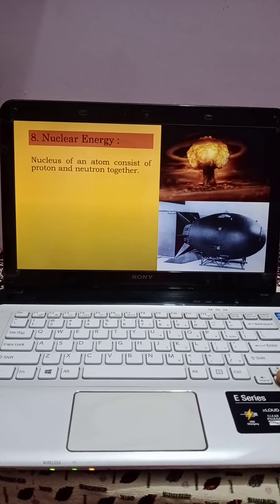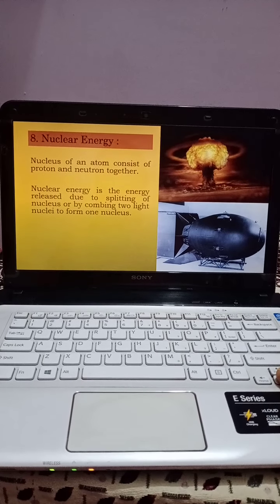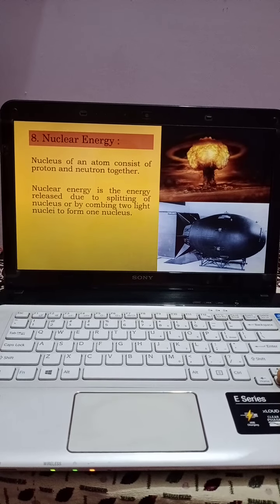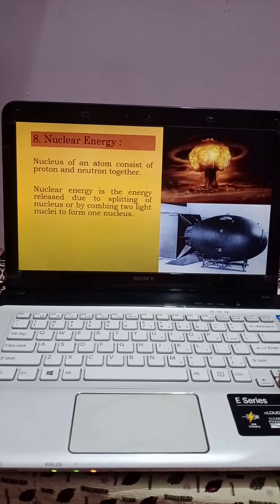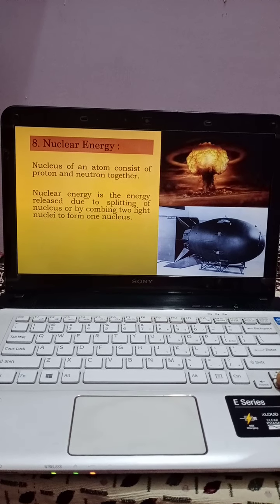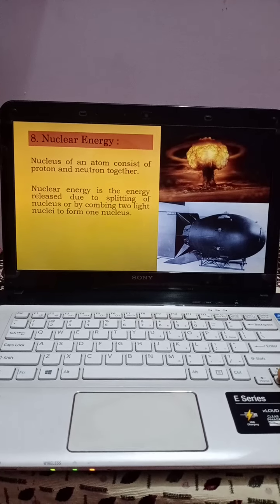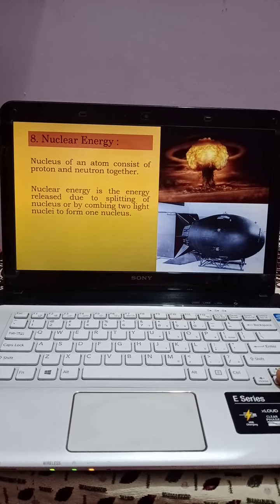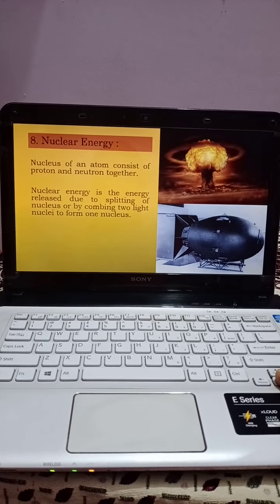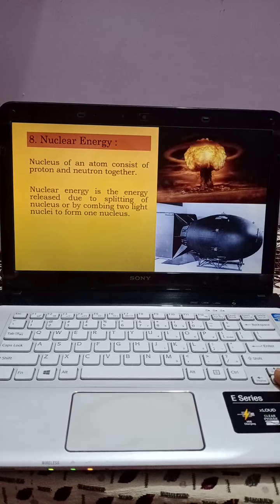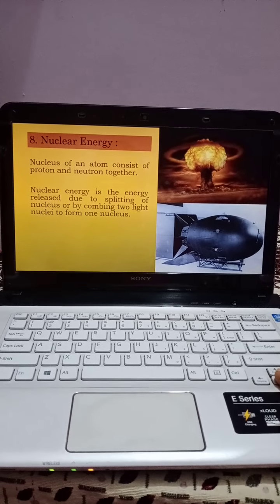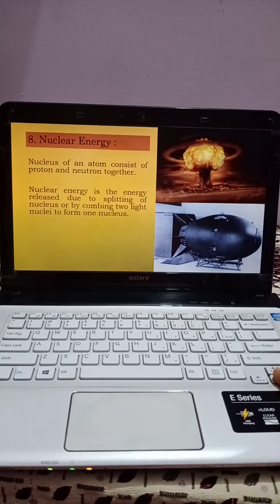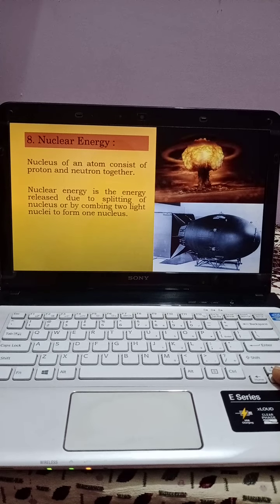So this is the nucleus, and when these protons and neutrons combine or get split, then a high amount of energy possessed by the body is released, which is called nuclear energy.